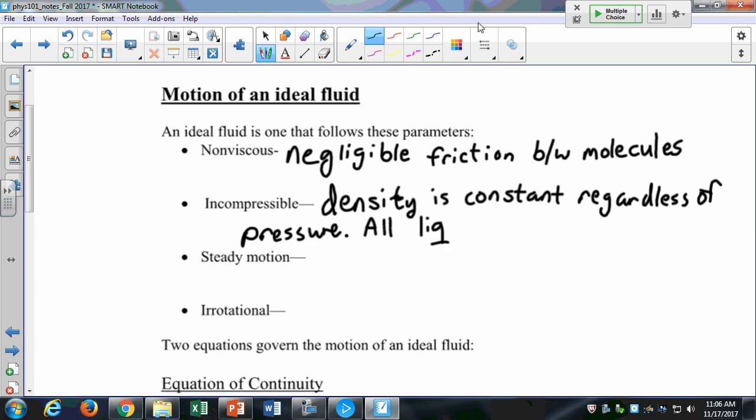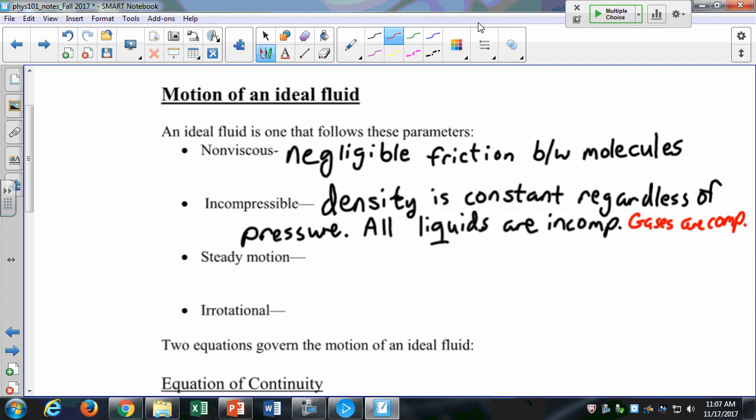All gases are compressible. So far we're talking about liquids that are not viscous, they're not sticky, they're not thick. We're also talking about only liquids, not gases. Gases are an entirely different beast in dealing with how they flow through space.